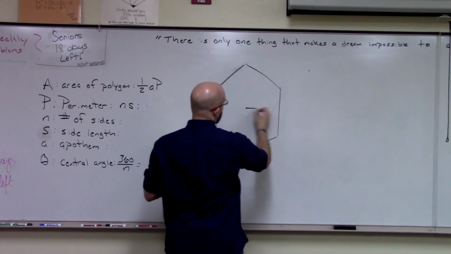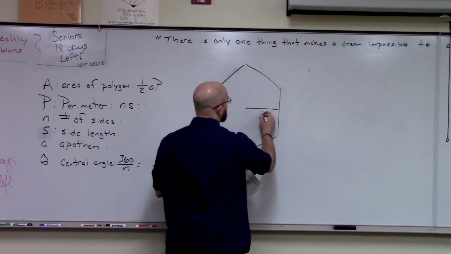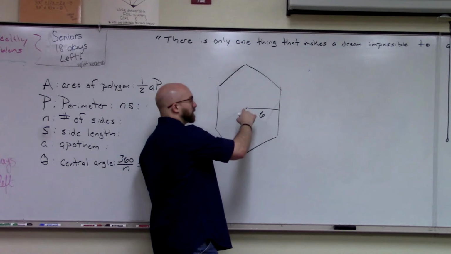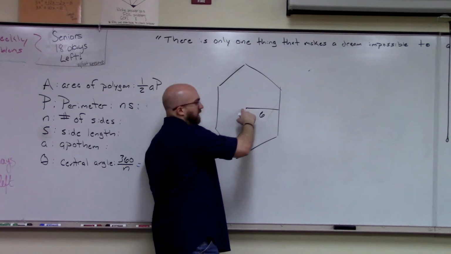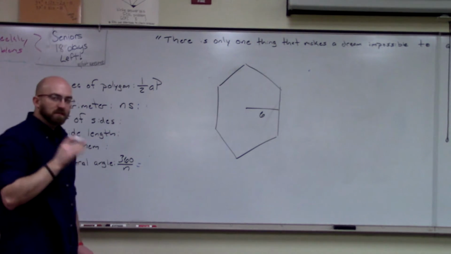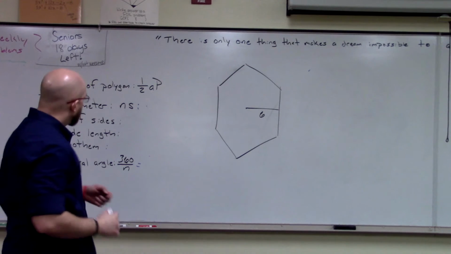Again, it's supposed to be a regular hexagon, but my drawing skills are terrible. So they give us the apothem this time. Because the apothem, again, remember, comes from the center of our shape to the side of our polygon, not to the vertex, not to a corner. So that's what it gives us. So let's fill out what we have.